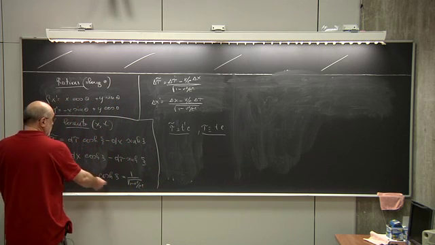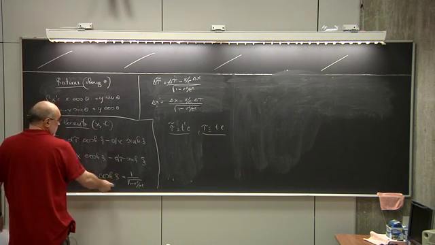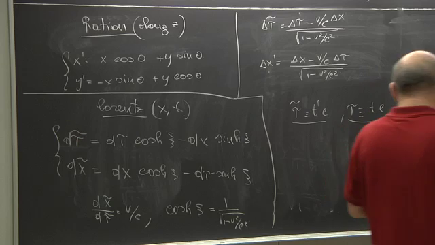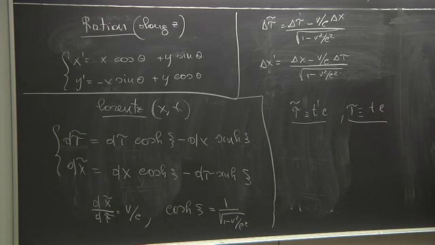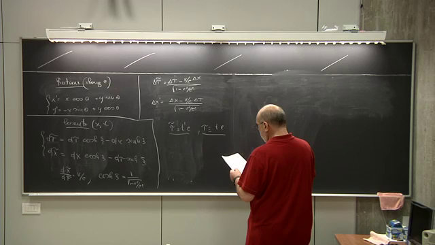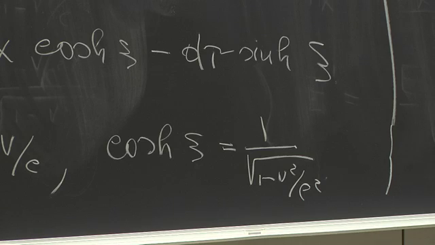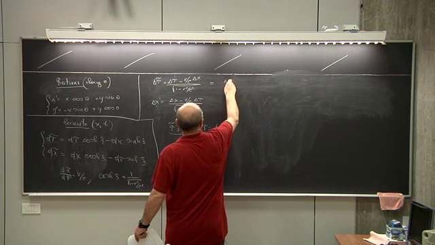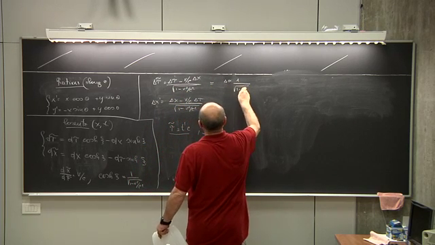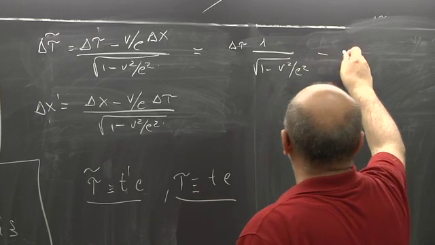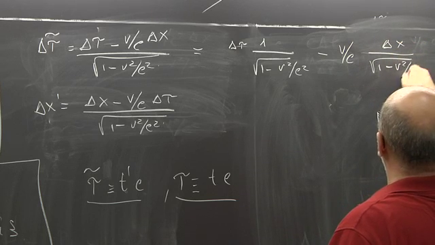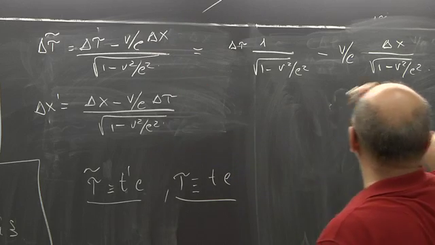Let's first look at the definition. This strange psi is defined in such a manner that cosine hyperbolic of psi is this quantity. So you see, this one I can write as delta tau times 1 over the square root of 1 minus v squared over c squared, minus v/c delta x over the square root of 1 minus v squared over c squared, the first relation.